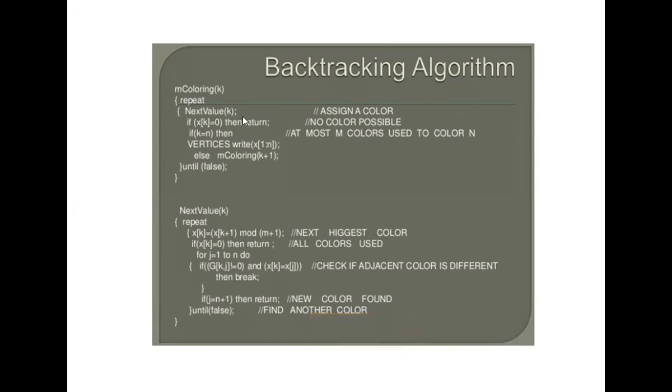Here, what is the k? k is the index of the next vertex to color. Index means here we are considering these elements in an array, so we are considering the index of that node.